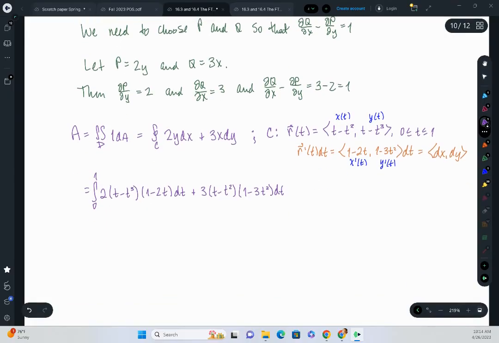Now this is a bit of an algebraic nightmare in the fact that we have to FOIL out two things, but it's still easier than trying to calculate the area of a region when we don't have a function for that area. So let's go ahead and FOIL out.